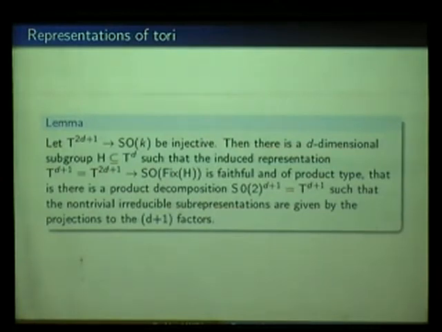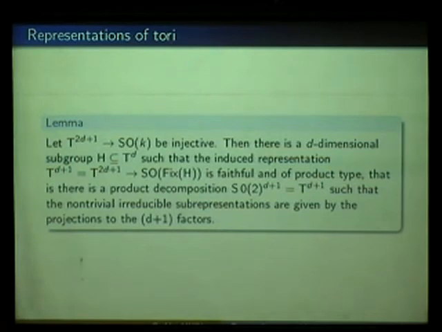For us, more important is the following lemma. We take any representation, and we don't assume anything on it except that it is faithful. So we have a faithful representation of the torus. There can be finite isotropy, doesn't matter.